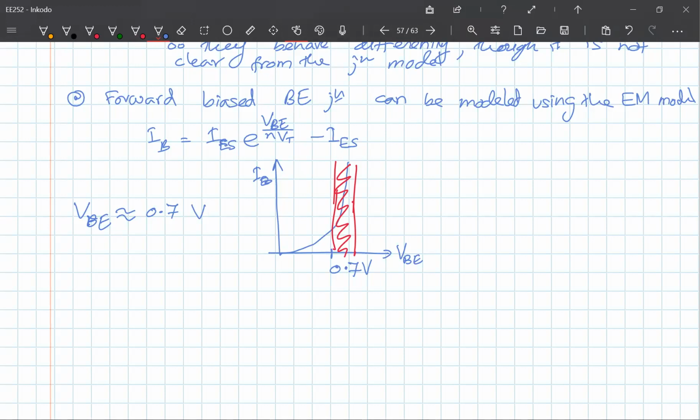So what we had was something like this. The collector, emitter, so the current through this is IC.